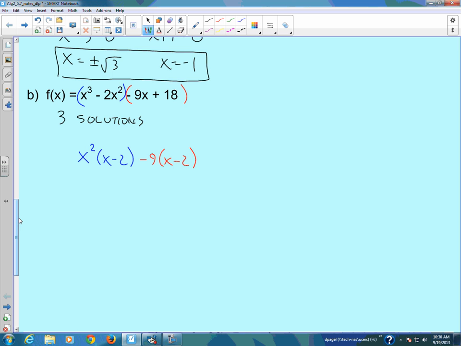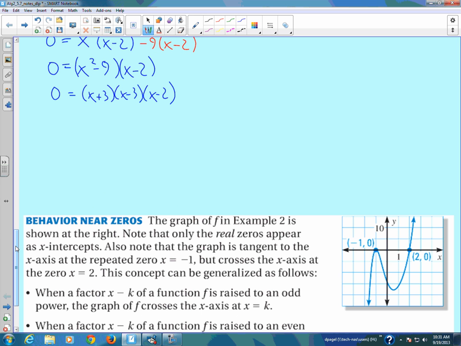And of course, these would all be set equal to 0 because we're finding zeros. Then x squared minus 9, binomial, x minus 2, difference of 2 squares, 3, and 2. Again, 3 solutions, they just all happen to be real.